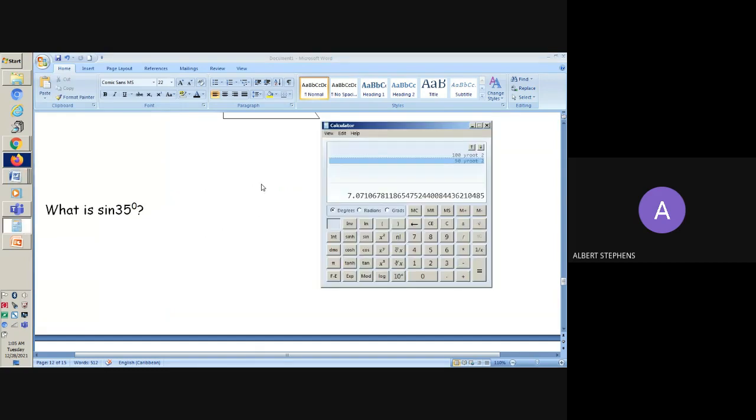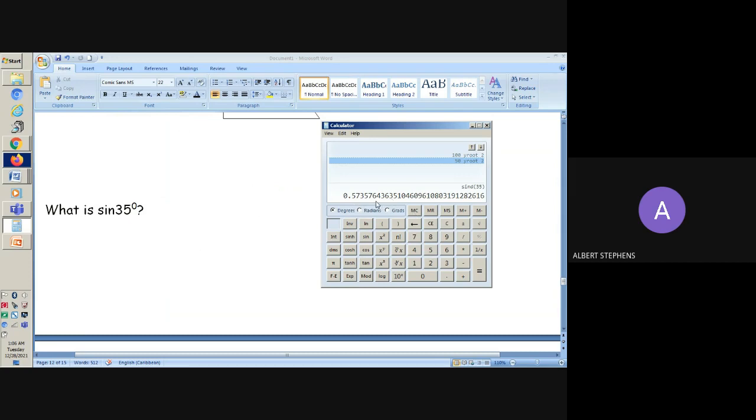I'm going to show you how to compute sine 35. You punch in 35, then you press sine, and sine is actually 0.57, which is a ratio. It's pretty close to 0.5. So sine 35 on your scientific calculator is 0.57, and that represents the ratio.